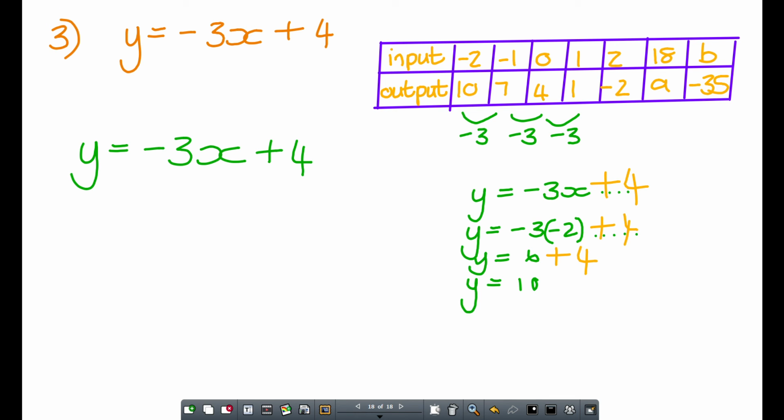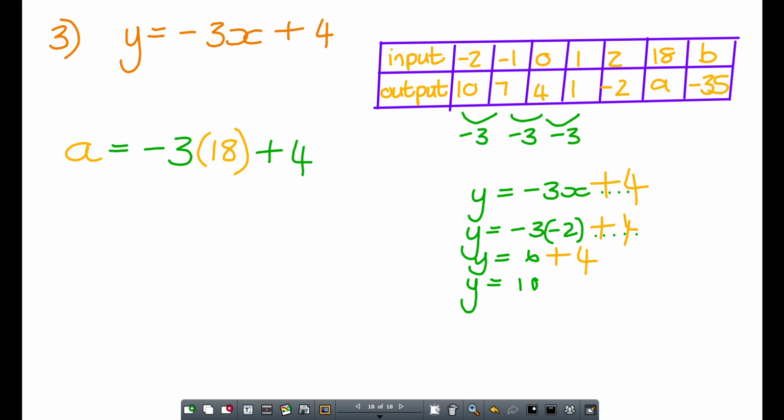My input value over here is 18. Input is usually your x values. So instead of x, I am going to say 18. Please put it in brackets. Now, my output value is A, so instead of y, I am going to write A.